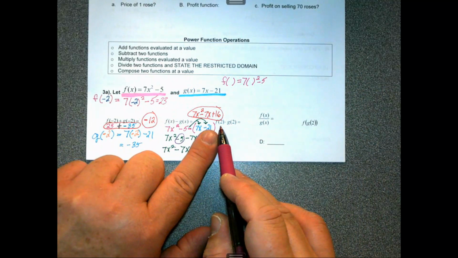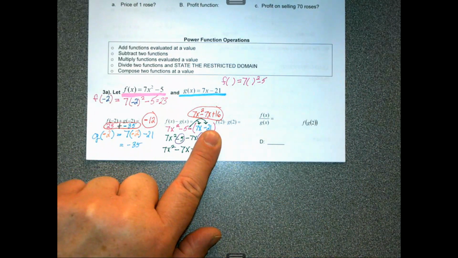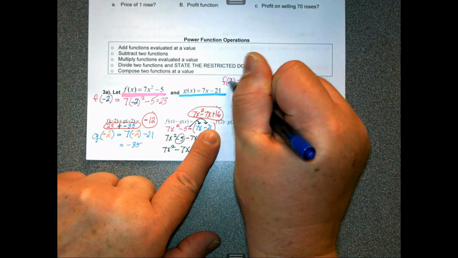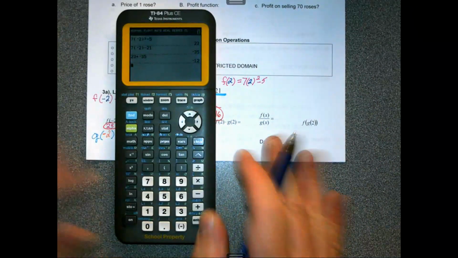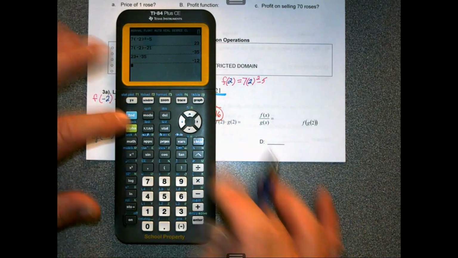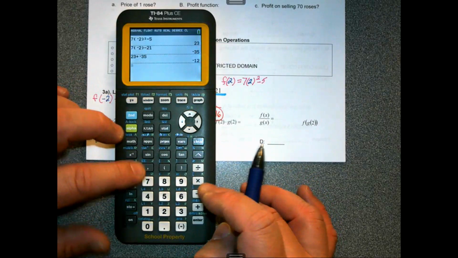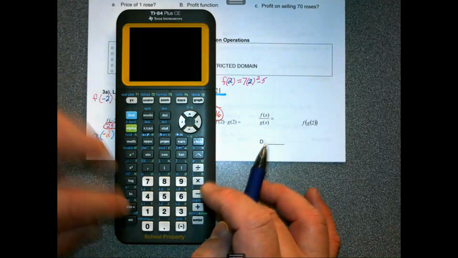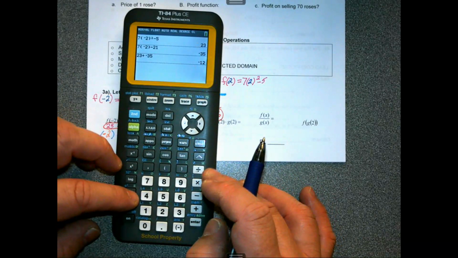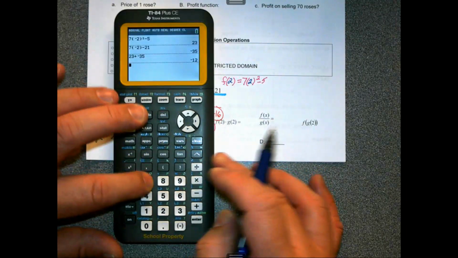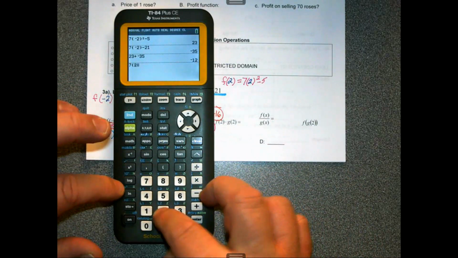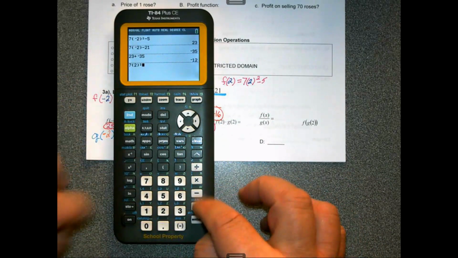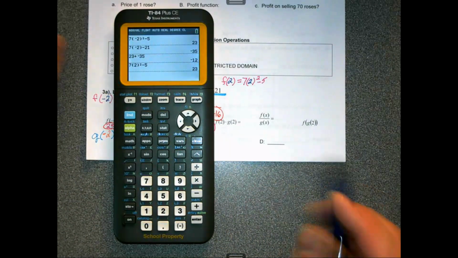My value for the x is 2, so I'm going to substitute in 2 for my x. Again, I put it in my calculator, let the calculator do the work. So 7 times 2 squared minus 5. I get 23.